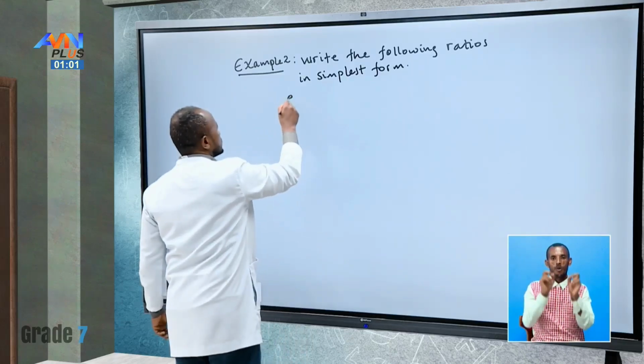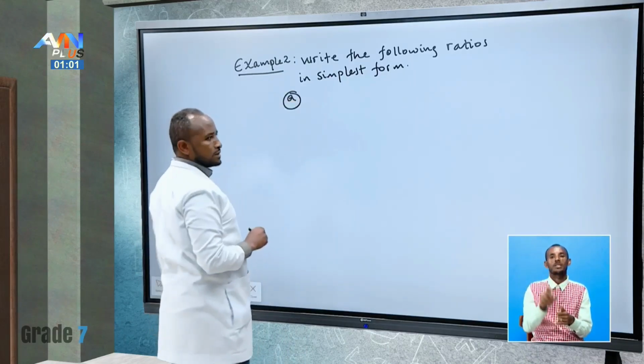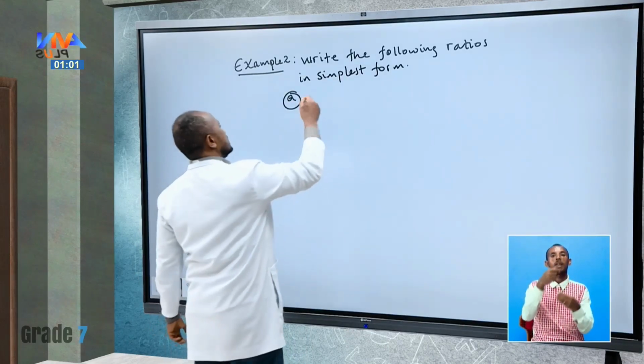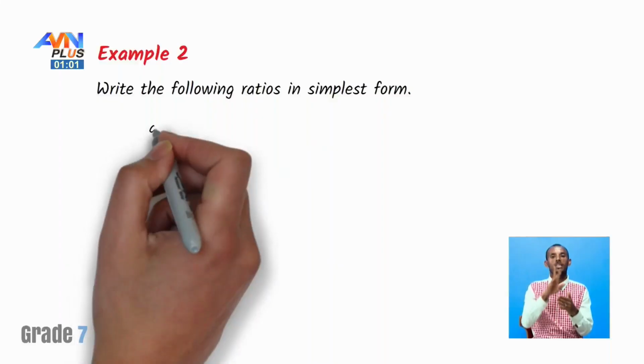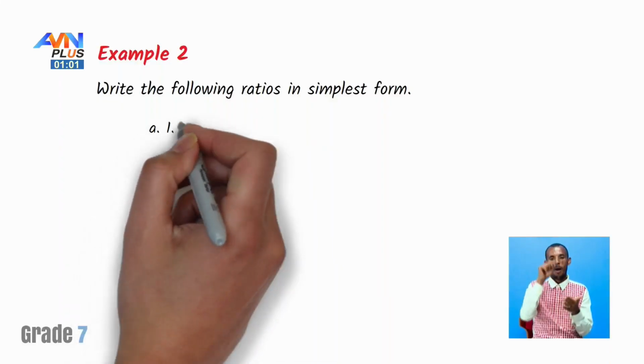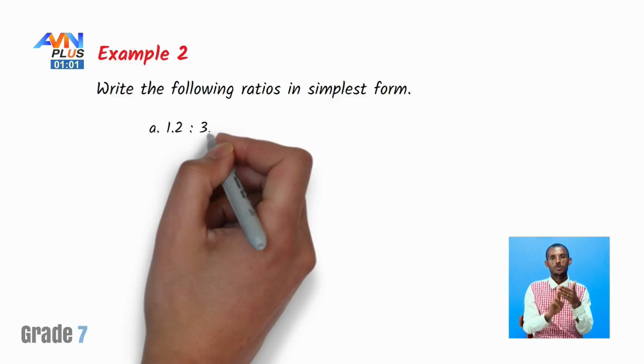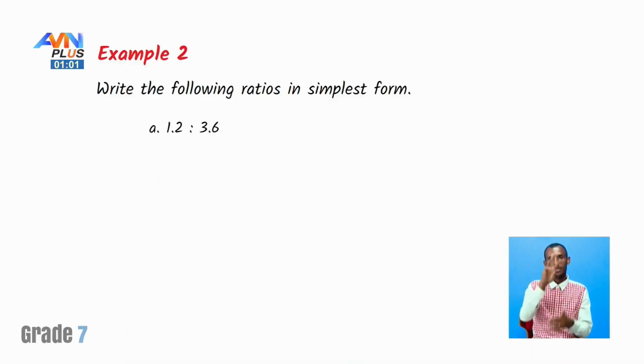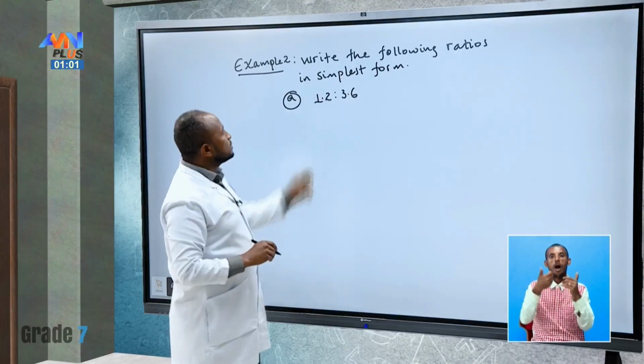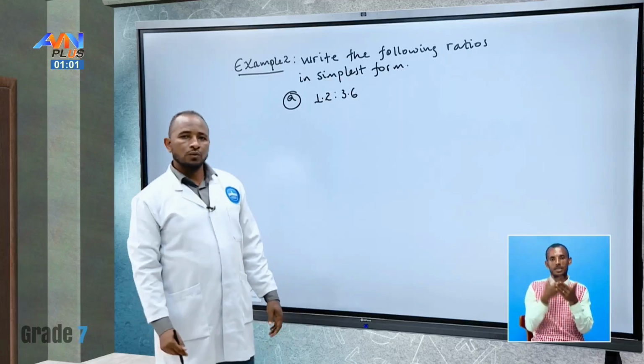Okay, the first question is simply this. What will be the ratio of 1.2 ratio 3.6? So how do we simplify this ratio?